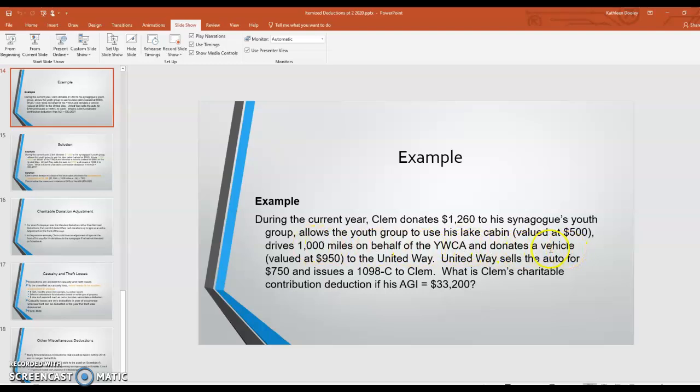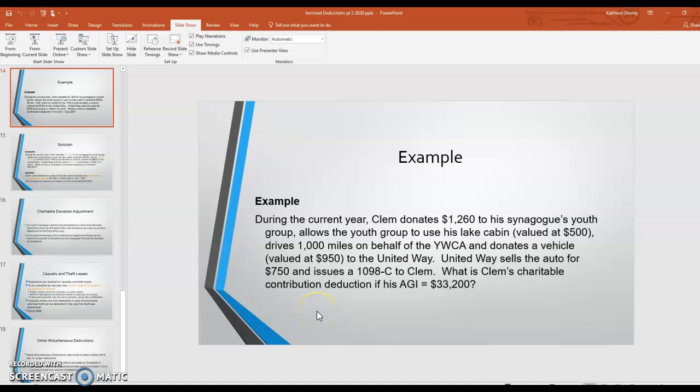And he donated a vehicle valued at $950 to United Way. United Way then sold the car for $750 and issues a 1098-C to Clem that shows $750 is what they sold it for.